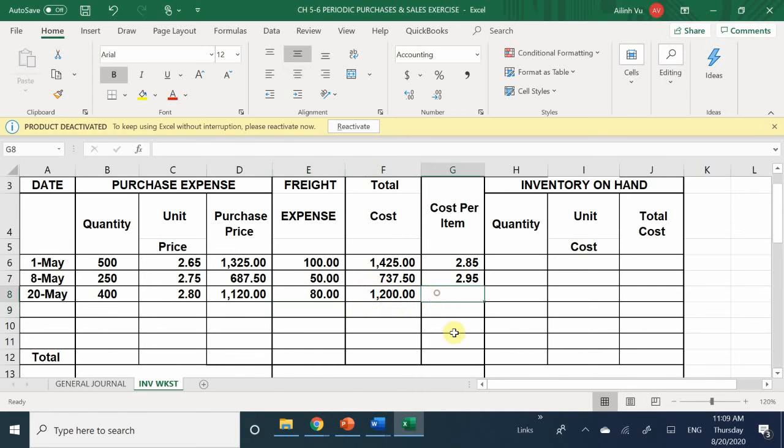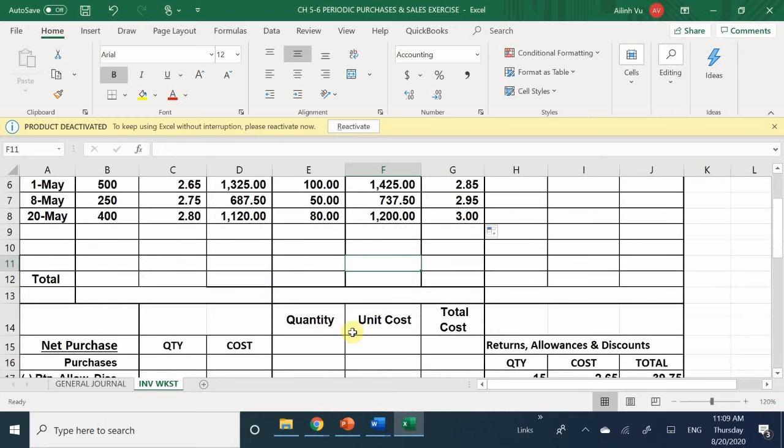Good. What is my cost per item? $3 even.